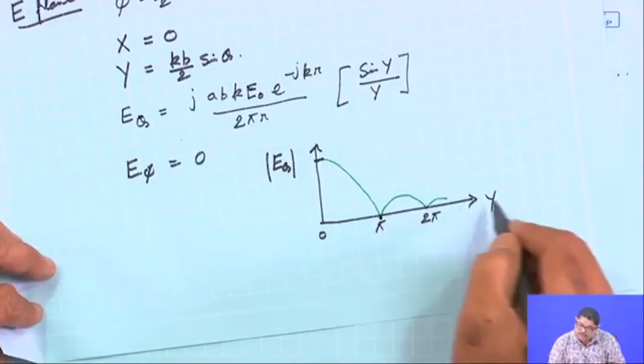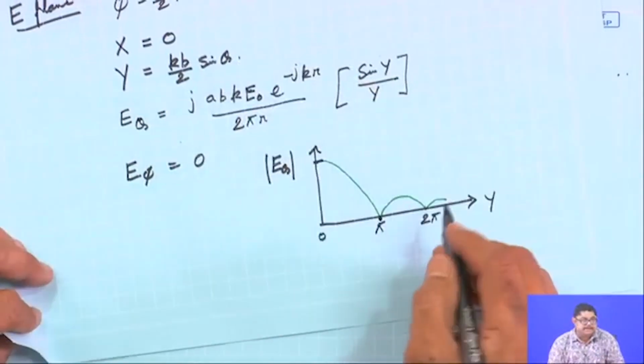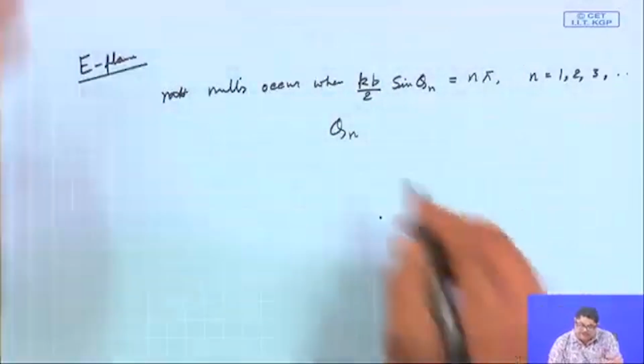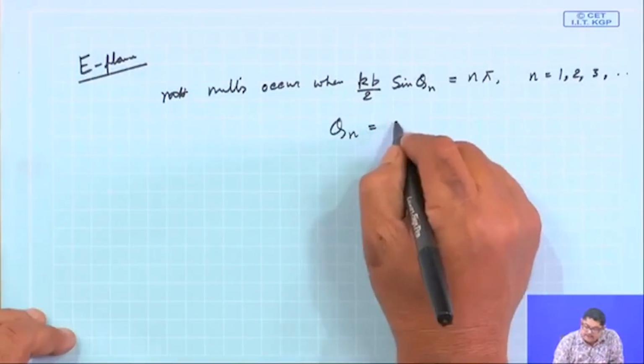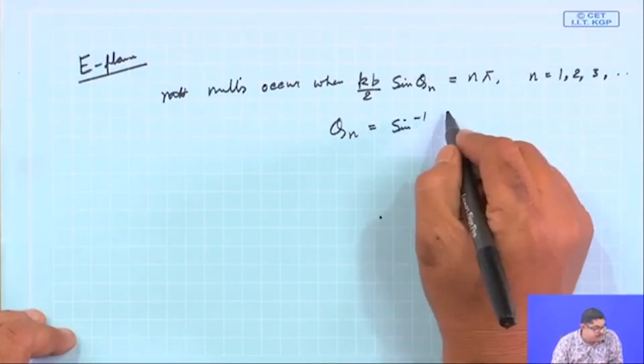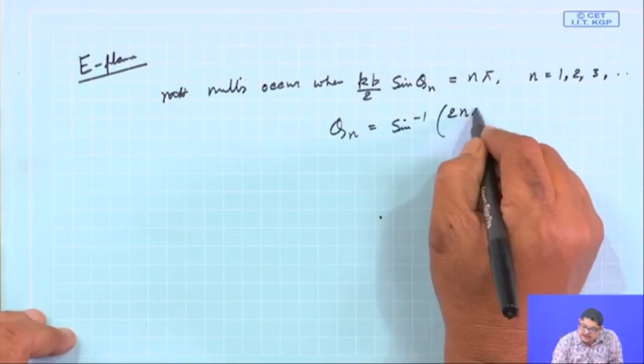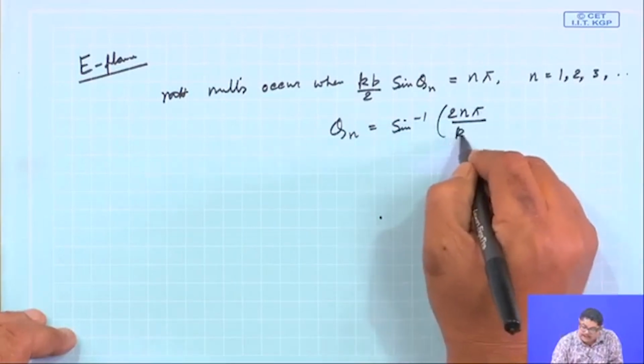Here, corresponding to this y, this theta n is coming. It is sin inverse 2 n pi by kb.